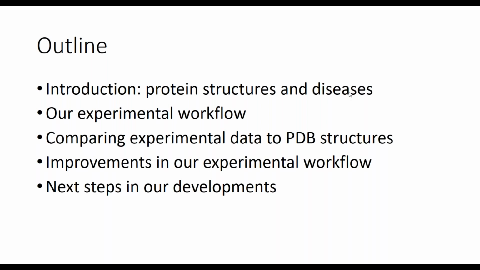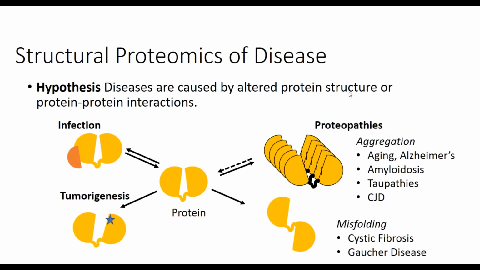Then I will show our experimental workflow and how we compare the experimental data to the PDB structures, the crystal structures deposited in PDB. Then I will show further developments, like improvements in our experimental workflow that will allow us to get more data in a more flexible way, and then some next steps.